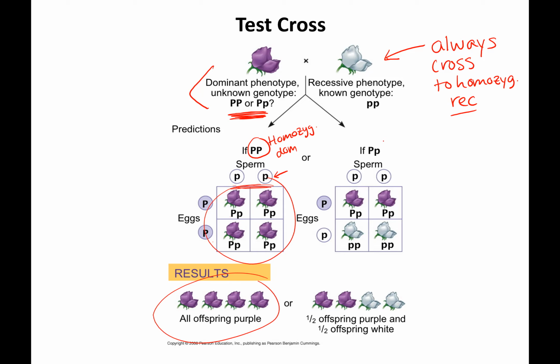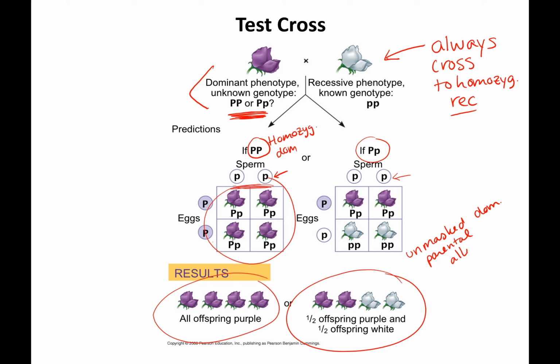But if that dominant phenotype purple flower was really heterozygous, when you cross it with a homozygous recessive, you get half the offspring being purple and half the offspring being white. So you have unmasked the dominant parental alleles by doing a test cross.